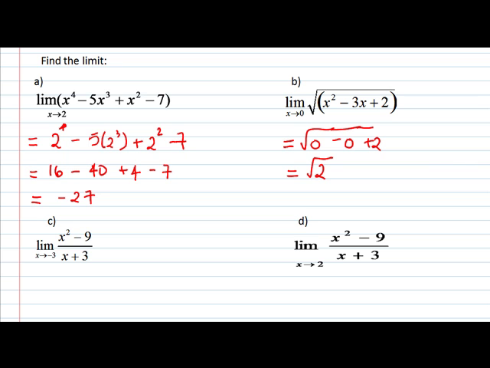Part C, I want to find the limit of this function, x squared minus 9 over x plus 3. First we have to see if this value a, which is minus 3, is inside this domain or not. You see when you put minus 3 inside the x, you have minus 3 plus 3, which is 0. In other words, I have 0 at the bottom, and minus 3 squared is 9, minus 9, which is 0 over 0.